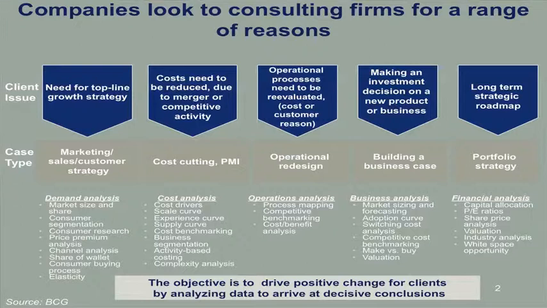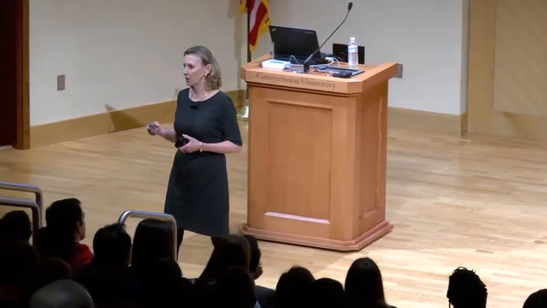So if you look along client issues here, sometimes it's a need for top-line growth strategy. Sometimes it's a cost strategy, operational processes, making an investment decision, so go, no-go kind of decisions, and long-term strategic roadmaps. And I think that with the portfolio of projects that we're looking at among all the globals, we have some of all of these.